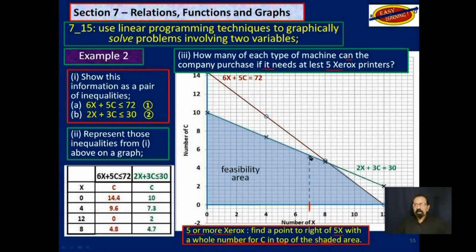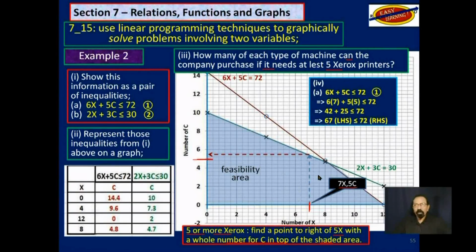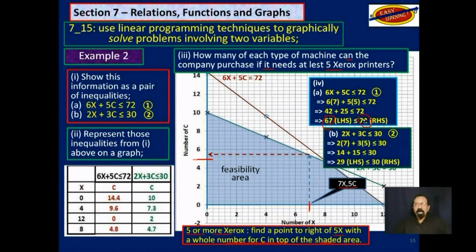You could choose 7 and then come over here and see where you have a whole number, which would be here, and that point there will be 5. So 7X and 5C. And we could see that we are within our limit. 67 is less than 72, and 29 is less than 30. We are barely there. So we can do that too.